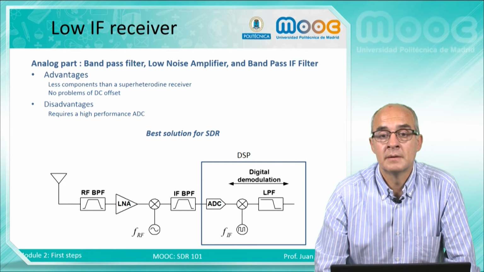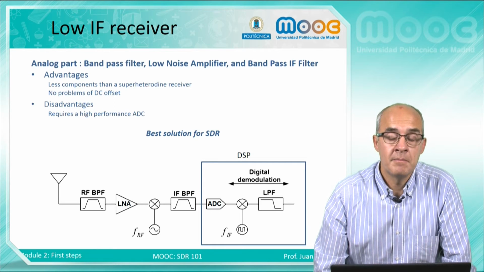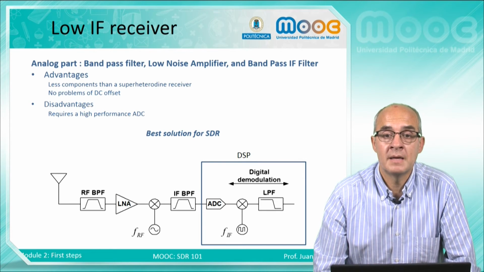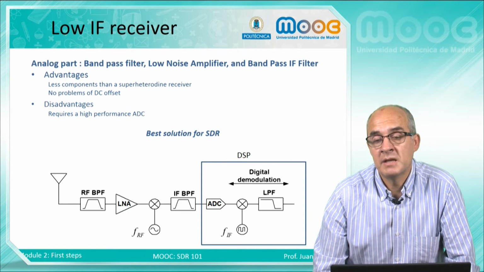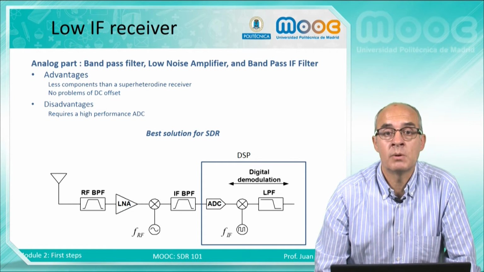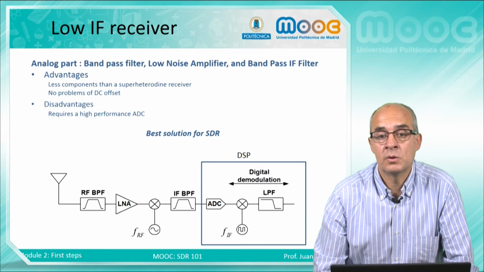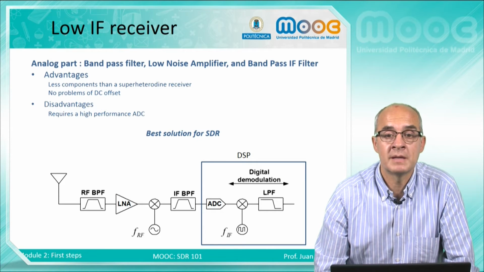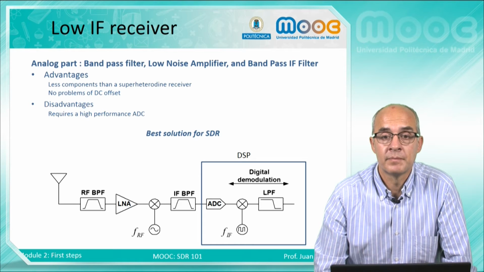AD converter must be very fast because normally the IF is higher than the baseband frequency of the zero IF receiver. So here we need a better performance AD converter.